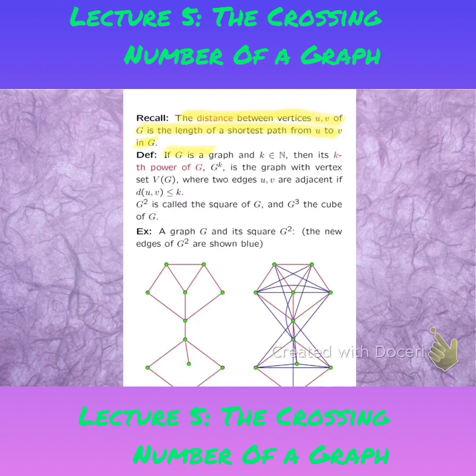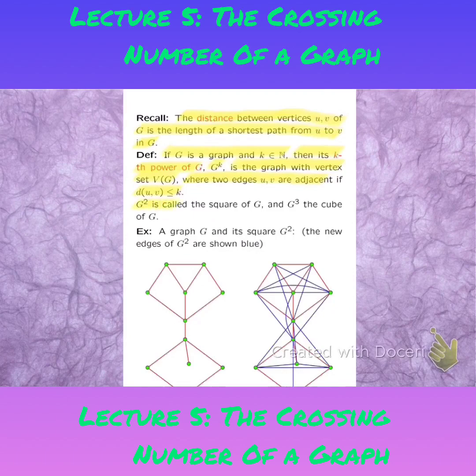Now, if G is a graph and k is a positive integer, a natural number, then its kth power of G is simply the graph obtained with vertex set of G, and where two vertices u and v are adjacent if the distance between them is at most k in G.